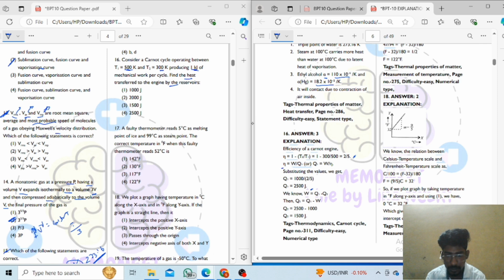So if you put in all the values, T is 52, already given, and 52 minus 5, 99 minus 5, okay, F minus 32. F is the reading on the Fahrenheit scale. After calculating, this is 47 by 94. That means it will become 1 by 2. Right. 1 by 2 equals F minus 32 by 180. So F minus 32 will become 90 only. 180 will cut out.